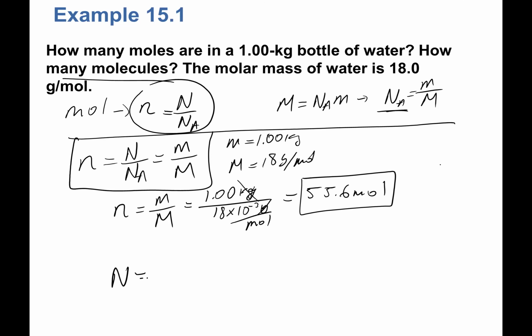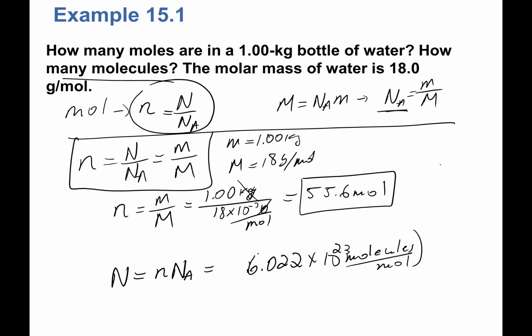The Avogadro number is 6.022 times 10 to the 23 molecules per mole, so every mole has this many molecules.